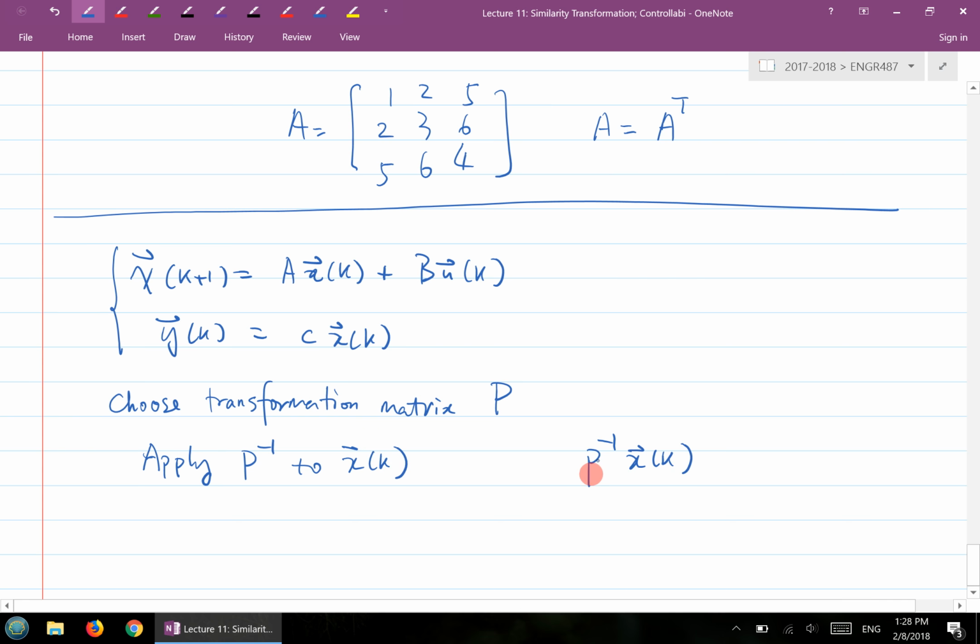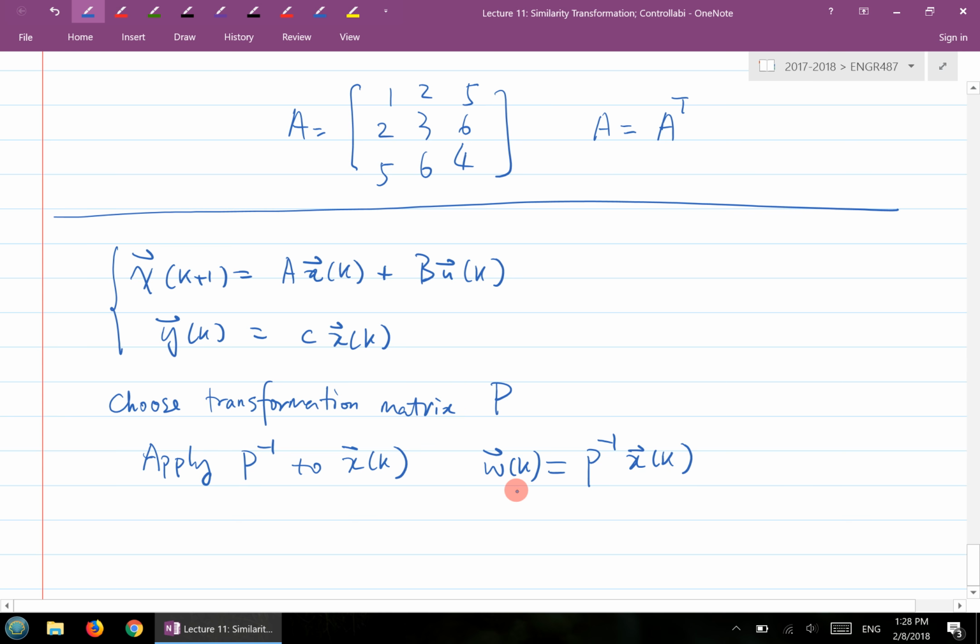This is an n by n matrix, and its inverse is still an n by n matrix. Then we get a different vector, let's call it w of k. You could choose any transformation matrix P and invert it, then apply P inverse to x of k, and you get a completely different set of state vectors.